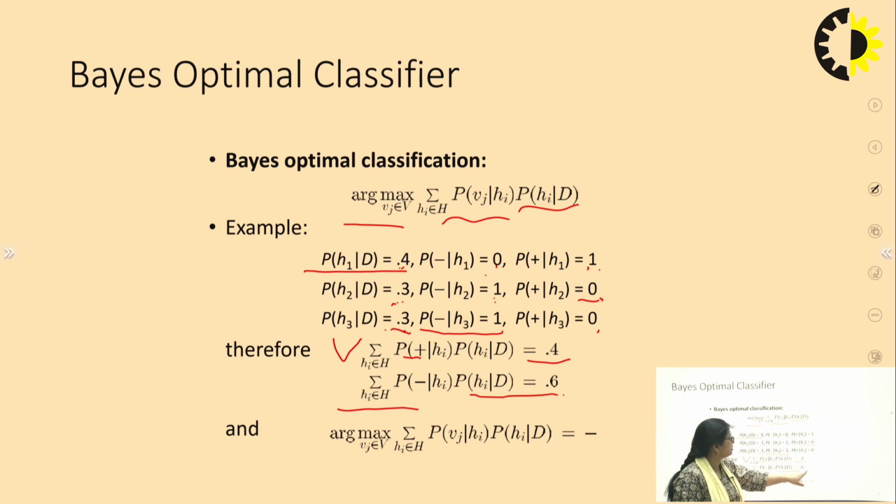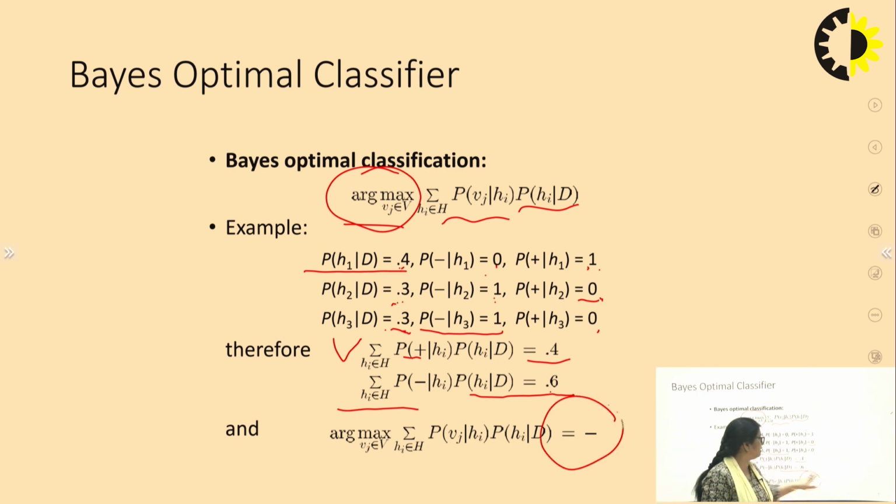In combination it has become 0.6, because these two are saying that it is in the negative class. So the maximum weighted value is 0.6, and from here we observe that it is predicted to belong to the negative class.